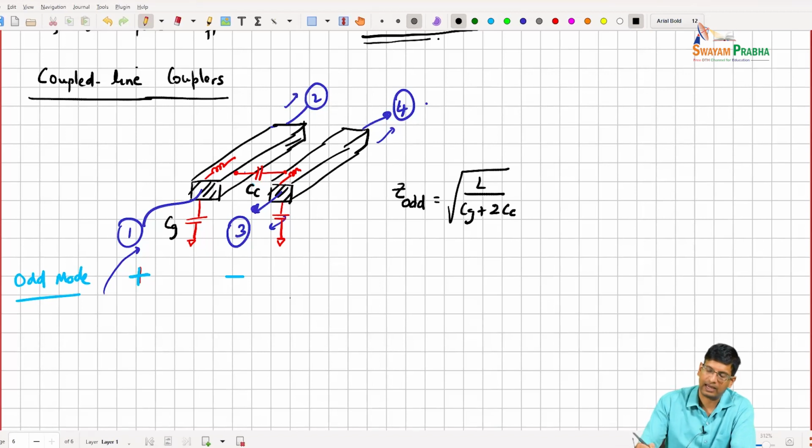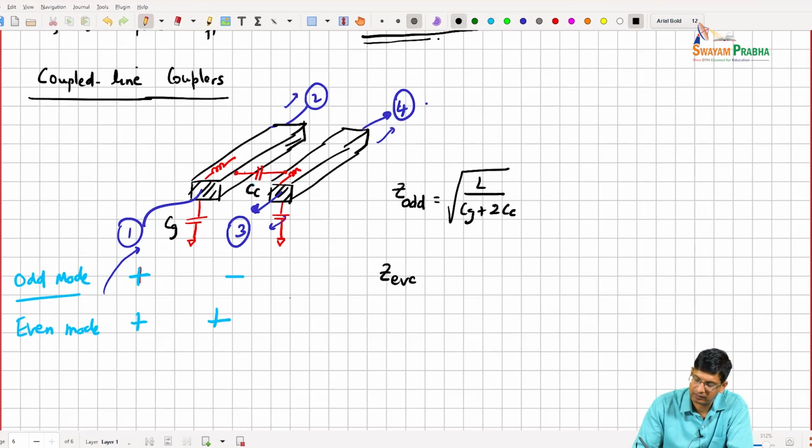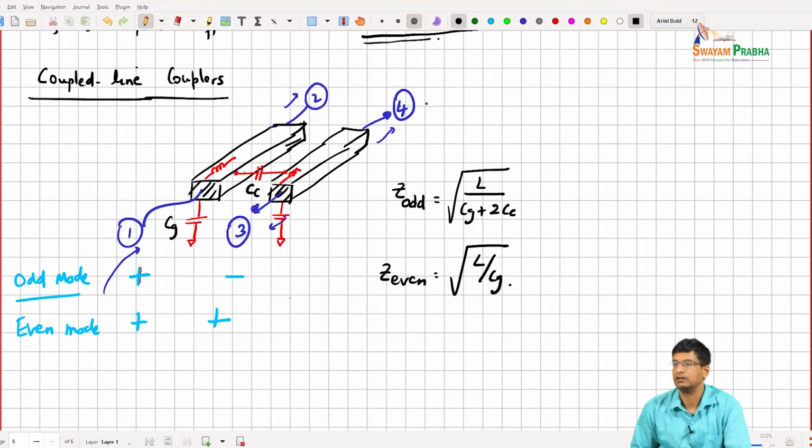And then when I do an even excitation, this Cc doesn't appear, right? So my Z even becomes just the square root of L over Cg, right?